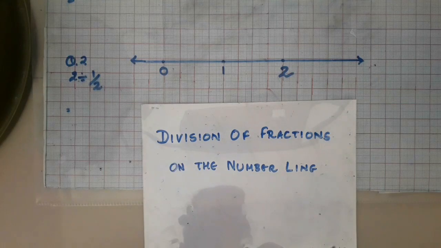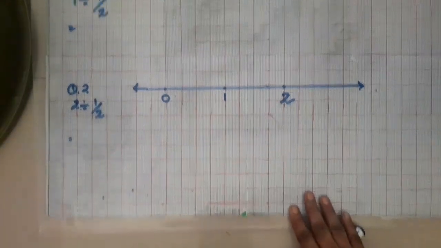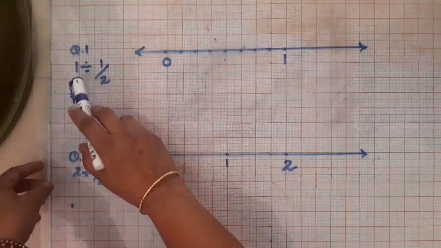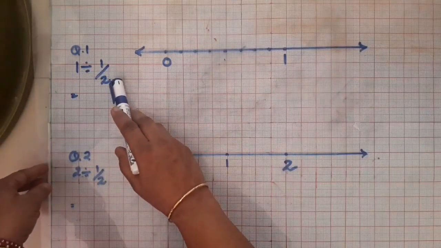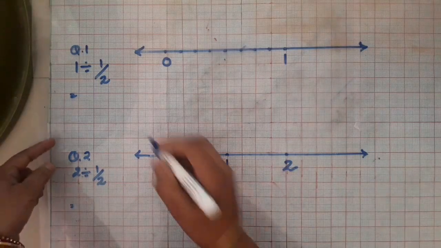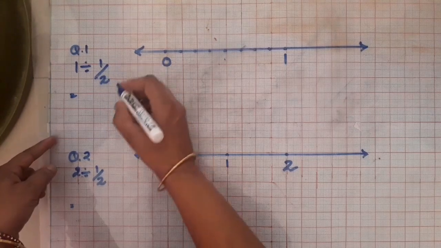Hello children, today we are going to learn division of fractions on the number line. First question, let us see that it's given 1 divided by 2. That means first of all, language is very important. 1 divided by half means what?